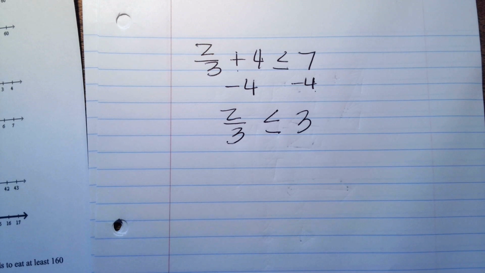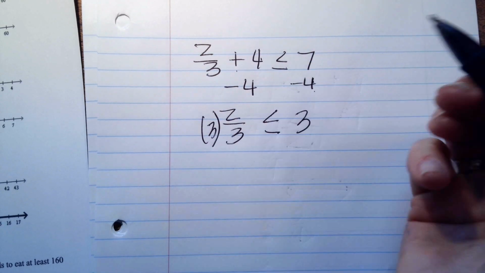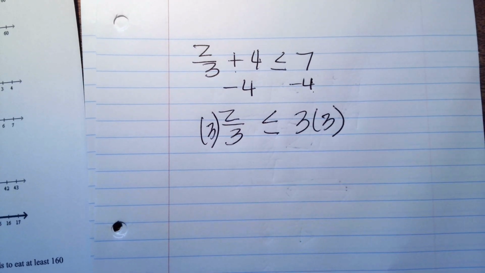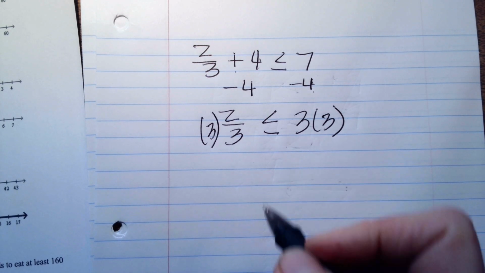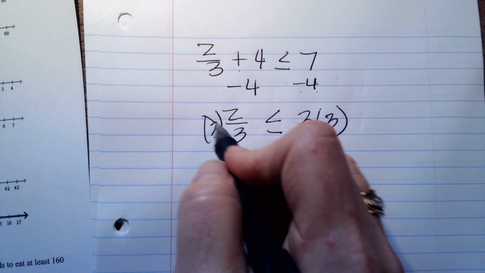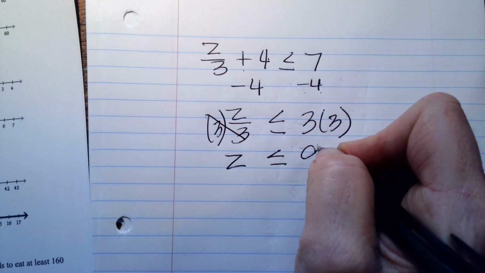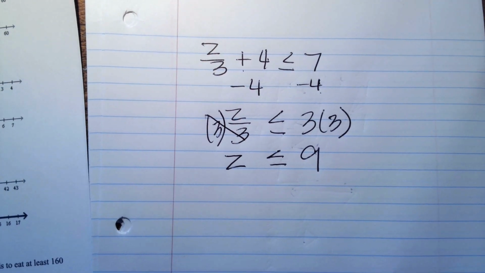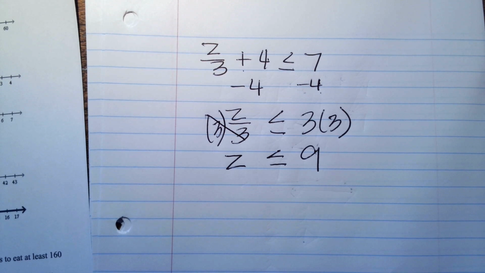They're dividing, so I multiply. Anything I do to one side, I do to the other. I did not multiply or divide by a negative number, so my inequality stays the same. This cancels each other out. z is less than or equal to 9.